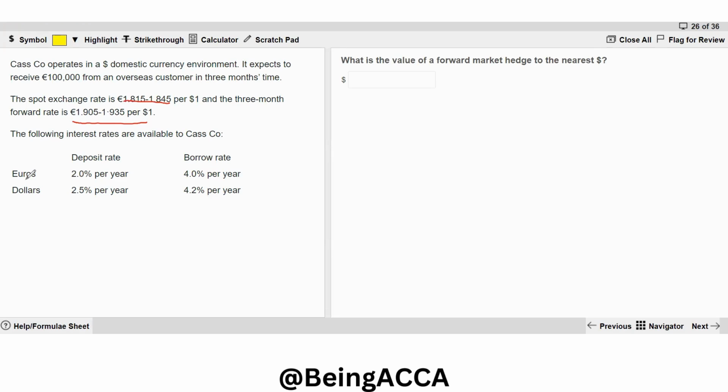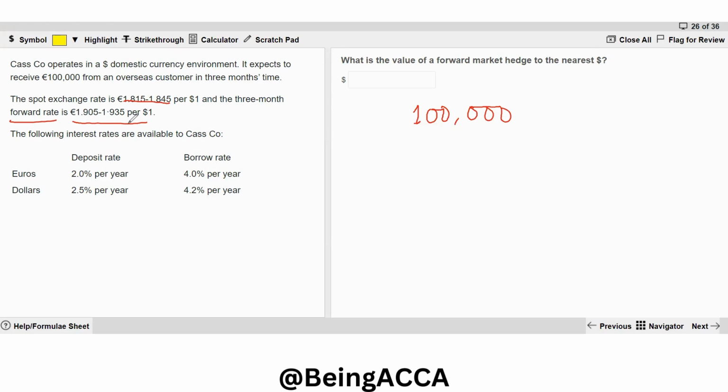So the forward market hedge, what would it be worth? The forward rate is given to us. We have a receipt of 100,000 euros, and we're going to have to convert this into dollars. We have the exchange rates available as 1.905 and 1.935. Which one are we going to be using?